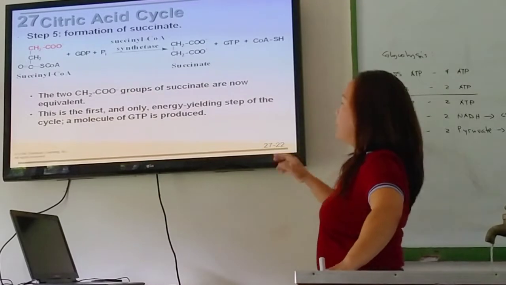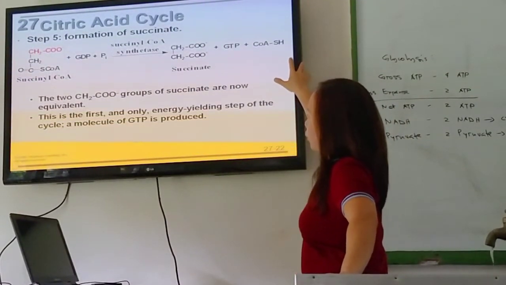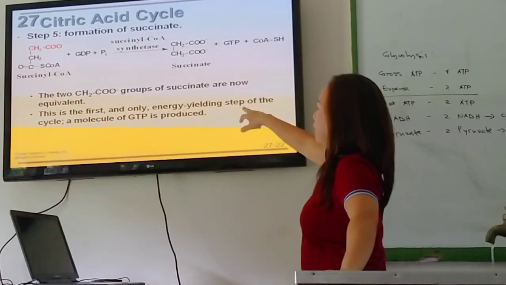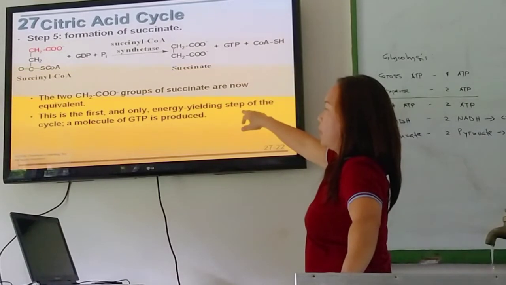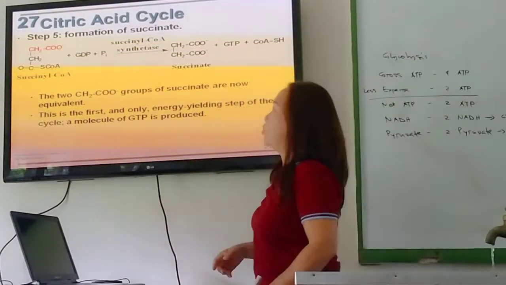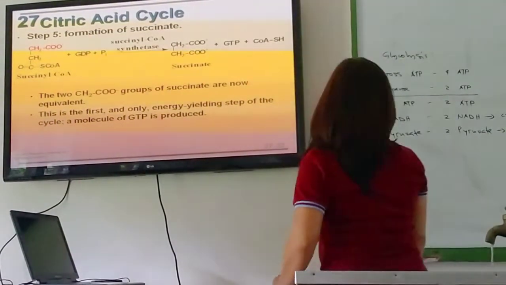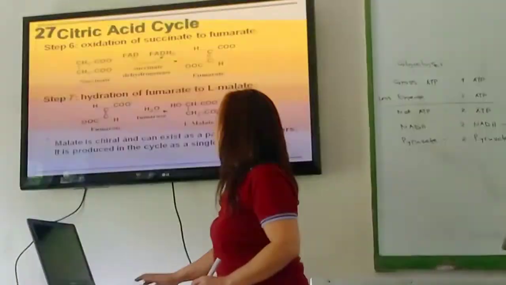So this is an energy yielding step. And of course, the GTP is produced. So this is now the energy. So succinyl-CoA to succinate. And what else?